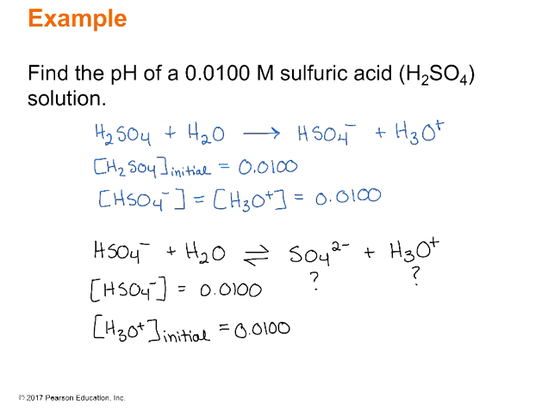So whatever this second step produces in terms of hydronium ions will just add to the amount that's already there from the initial step. So the concentration of the hydronium ions at equilibrium, because remember we have a double arrow here, that's going to equal 0.01 plus whatever we have from the second step.